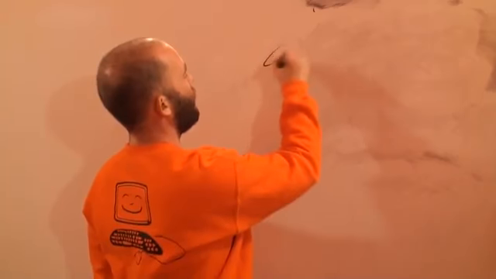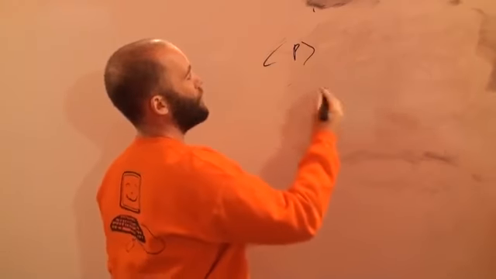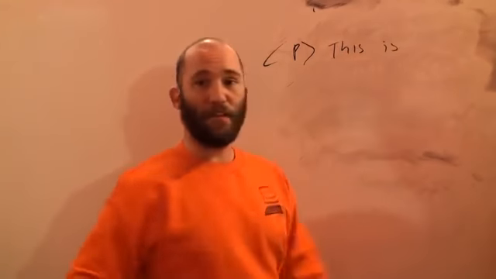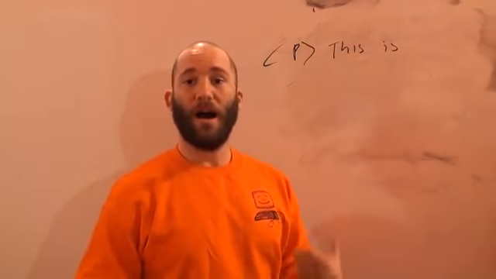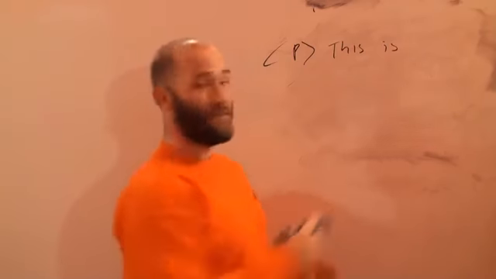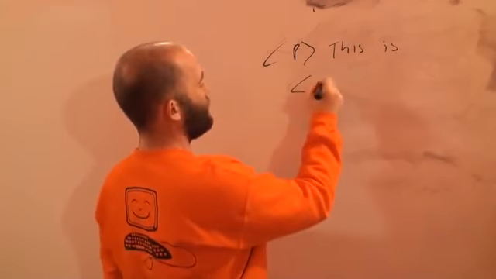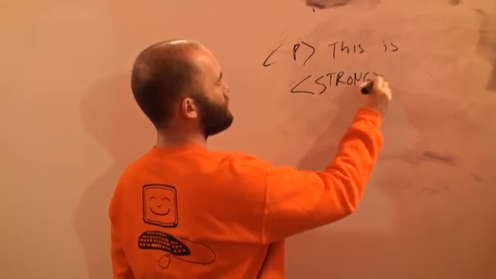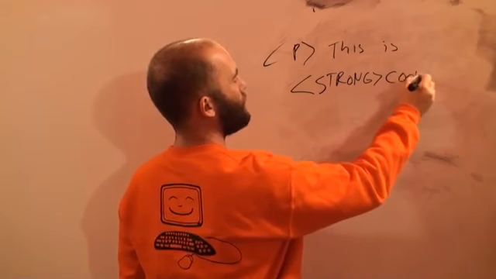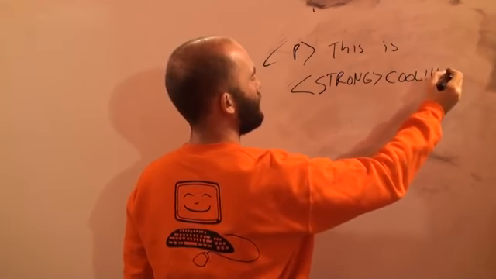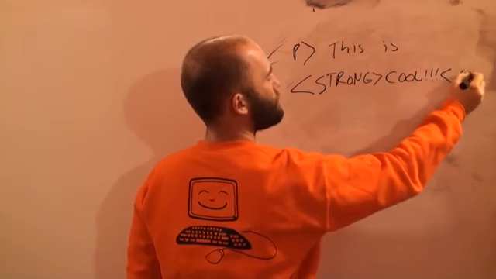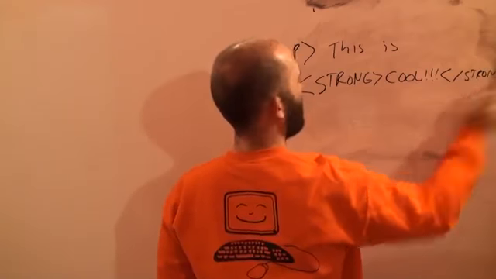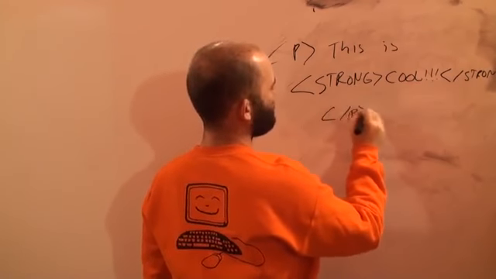So if we open a normal paragraph and we go, this is, and let's say we want the word cool to be bold, we use the strong tag. So we would open strong, and then we say cool, and then we close strong. And then we close the entire paragraph.